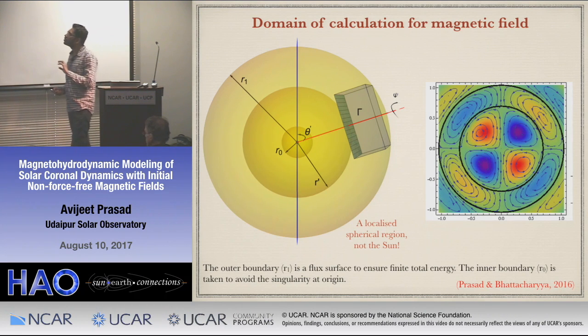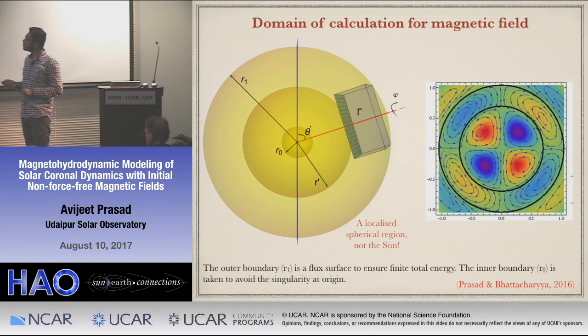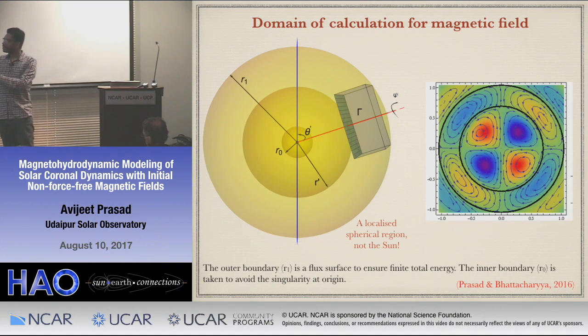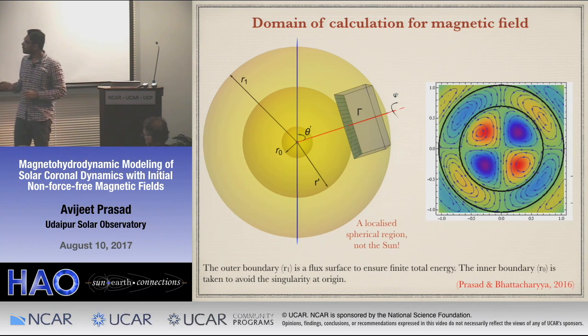So this is the domain of calculation for the magnetic field. As mentioned, we have an outer shell of radius r1, which has been constructed to be a flux surface, such that all magnetic fields are contained within this spherical shell. Just to clarify, this is a localized spherical region and not the entire sun. So it is somewhere close to the surface of the photosphere.